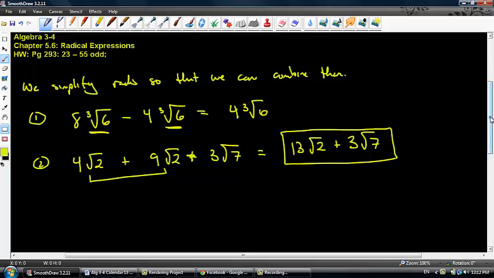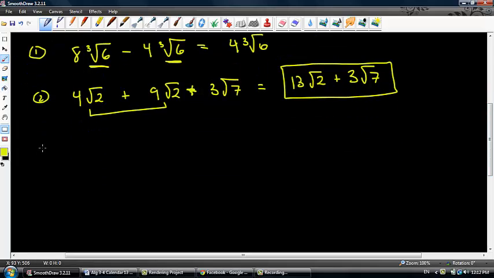So let's take a look at some examples of how to do this. And again, this aspect should be very similar to what you've seen in Algebra 1. If I say 2 rad 20 minus 2 rad 45 plus 3 rad 80, all you have to do is reduce all of your radicals to their lowest radical and then see what can be combined and what can't be. 20 should be 2 rad 5.